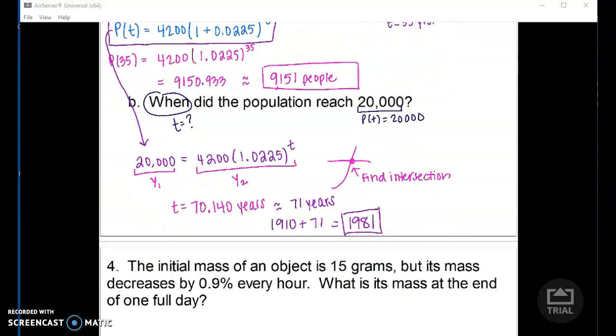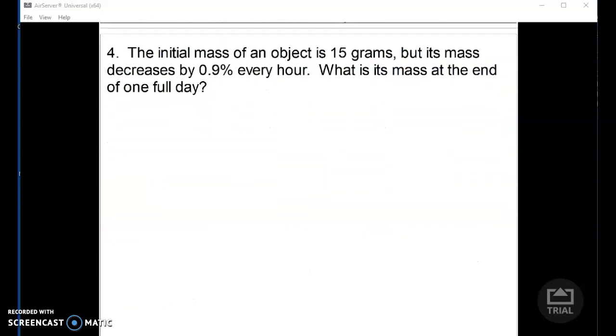Okay, so moving on to the next one. The initial mass of an object is 15 grams, but its mass decreases by 0.9% every hour. What is the mass at the end of one full day? Okay, so let's just write down everything we know.